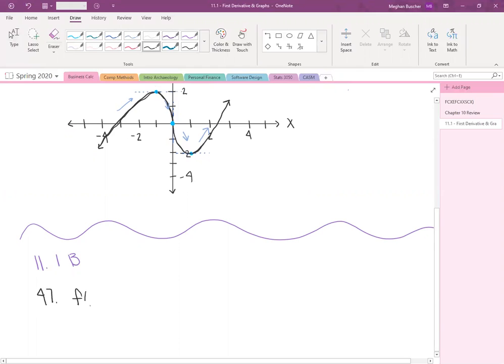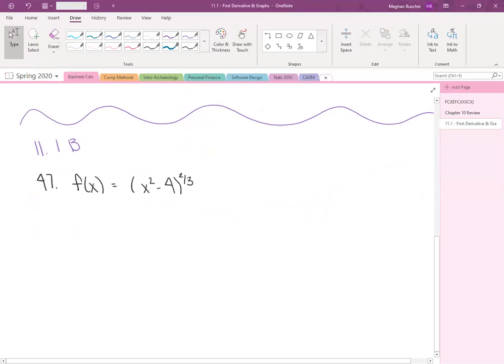So the function that we are given there is x squared minus 4 to the 2/3. And we are asked to find intervals where it's increasing, intervals where it's decreasing, and local extrema. Okay.